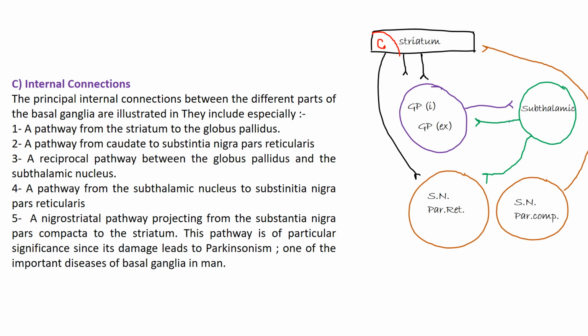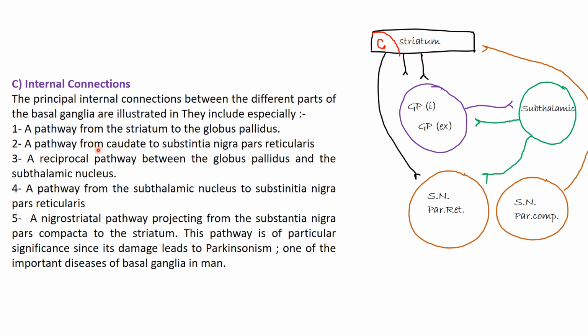Then we have the internal connection, or the connection that is present between the nuclei of the basal ganglia. We have a pathway from the striatum to the globus pallidus, striatopallidal fibers.